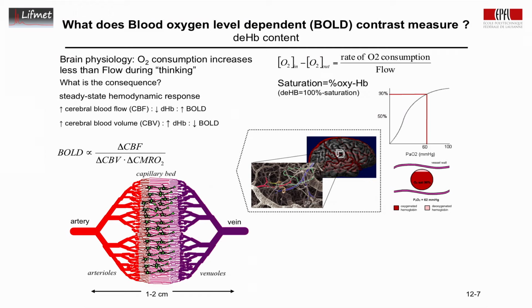Now what happens if we apply an external stimulus? The neurons fire. As they fire, afterwards we get the blood flow response, and the blood flow response is much stronger than the oxygen consumption. That response results in an increased blood flow. In general, the increased blood flow decreases the deoxyhemoglobin content, and the venous blood becomes pink.